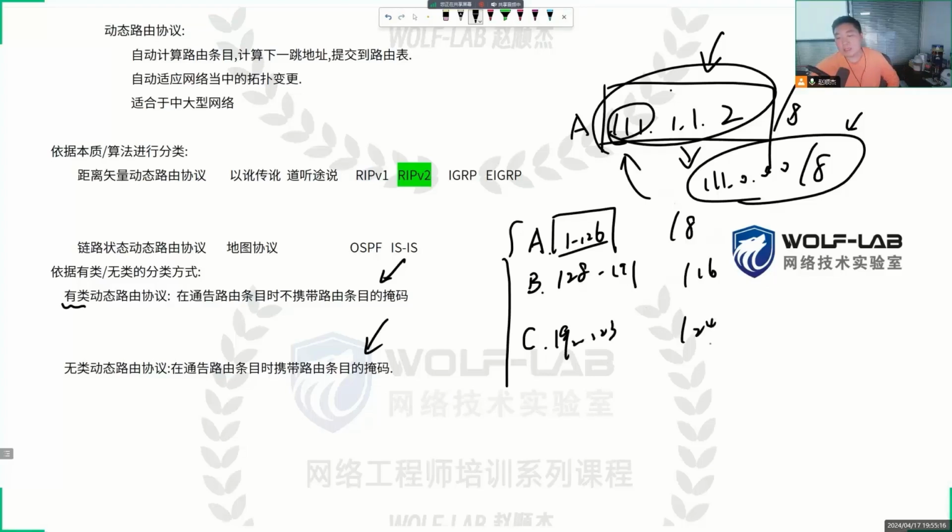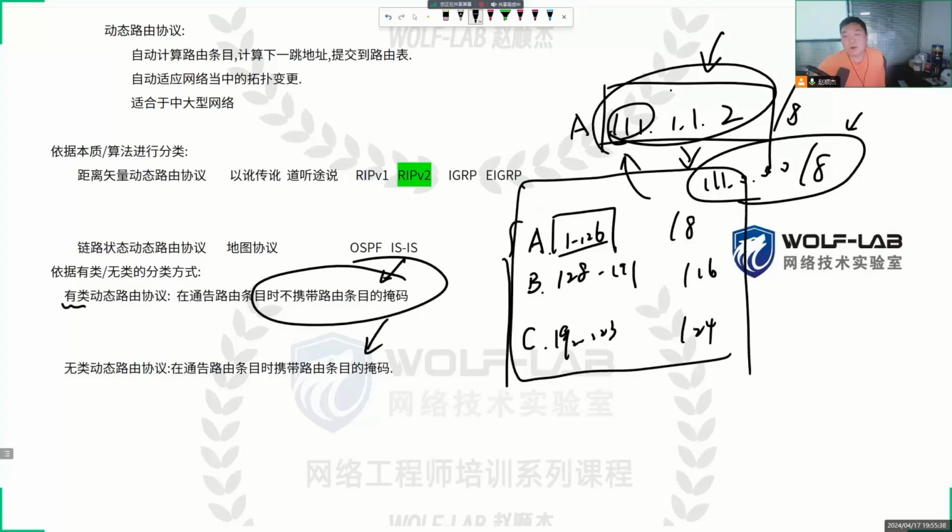So in the early days, our IPv4 addresses were planned in a classful way. At that time, through routing entries, we didn't use masks, right? We could directly know exactly how many bits were network bits, with no need for masks. Later, we found this address categorization method is not appropriate.